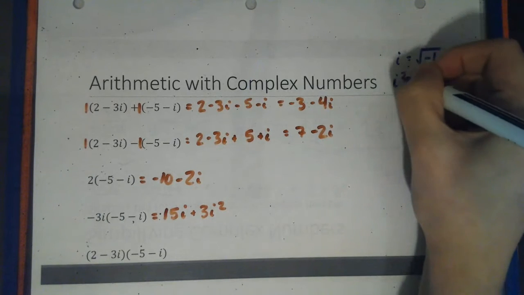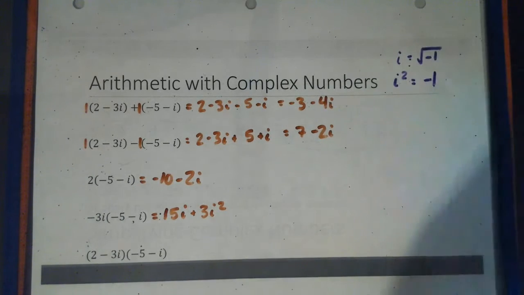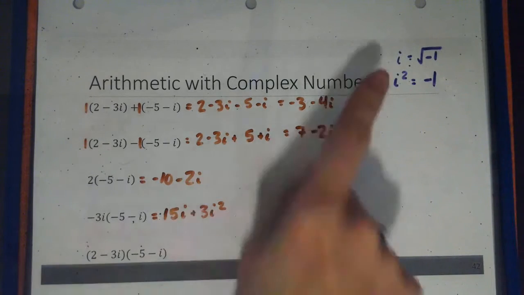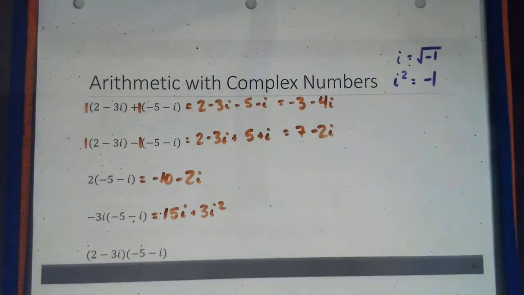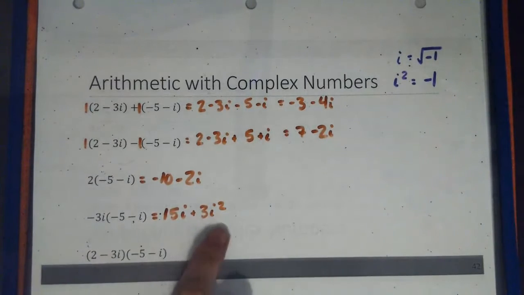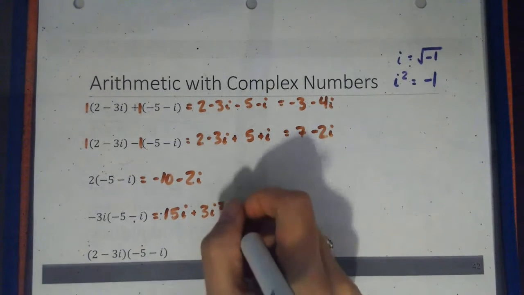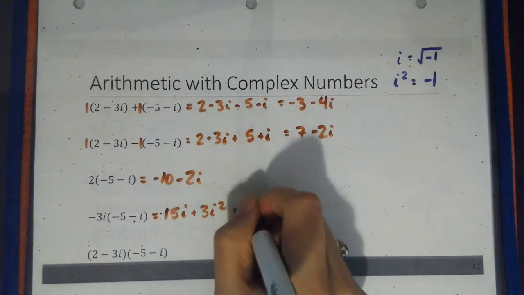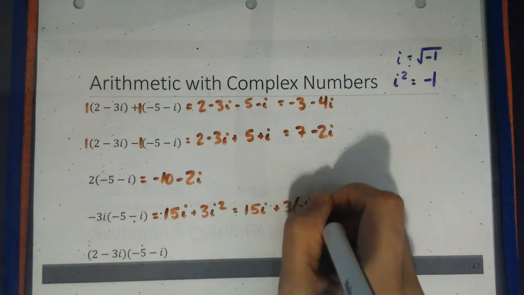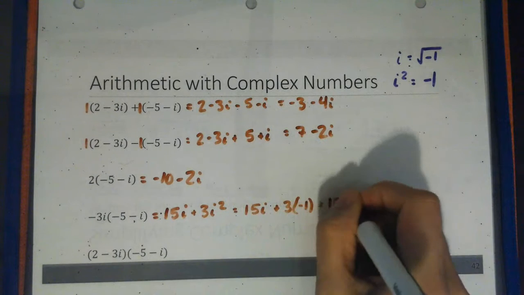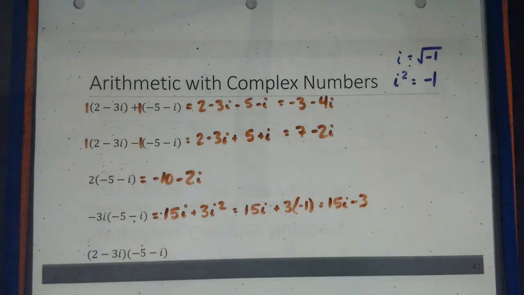So if we have i squared, that's going to be negative 1, because i squared is the square root of negative 1 squared, which is negative 1. So we need to replace this i squared with a negative 1. So we're looking at 15i plus 3 times negative 1, which is 15i minus 3.